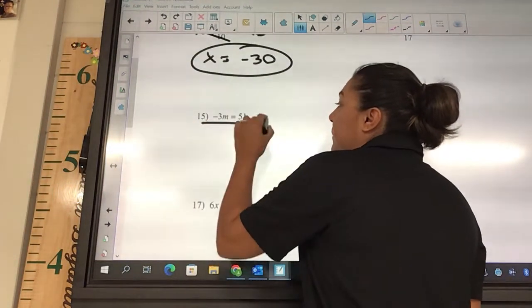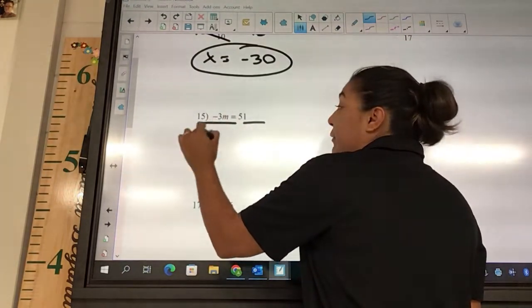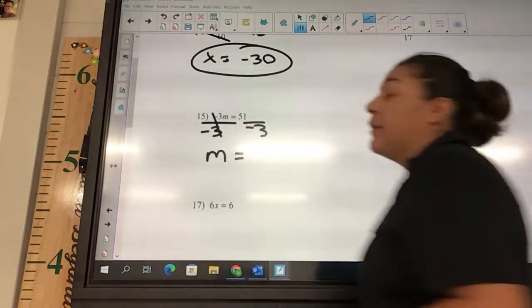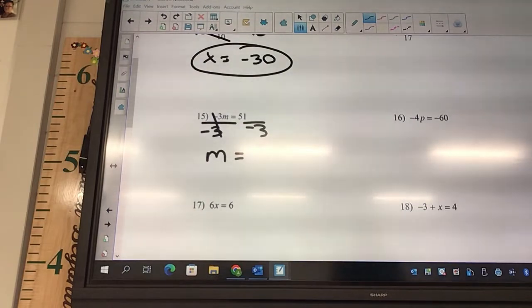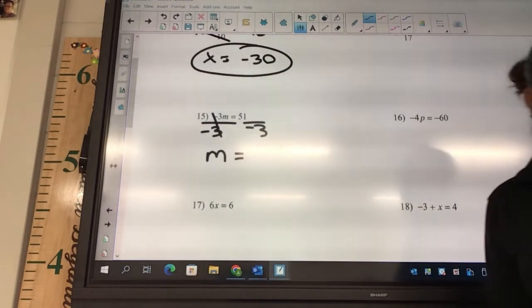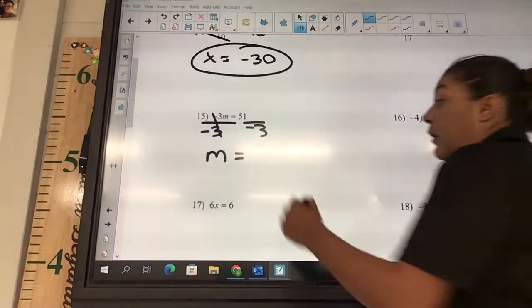Divide by what? Negative 3. What is negative 51 divided by negative 3? 17? That's what we're going with? Negative 17? I don't care, it's your guys' paper.